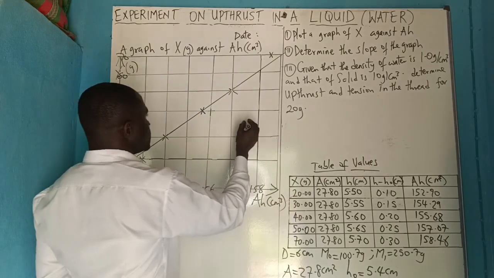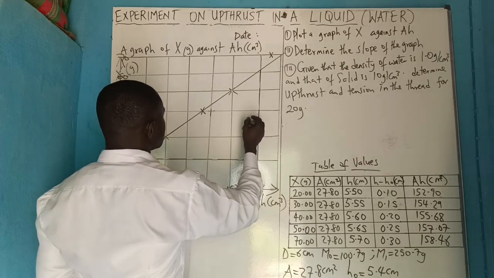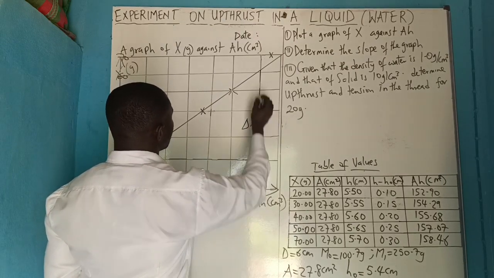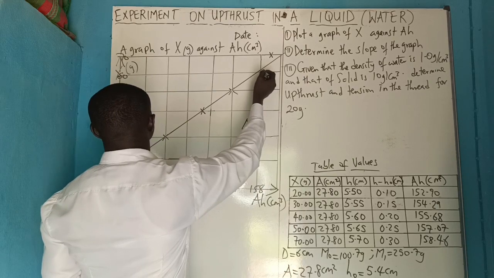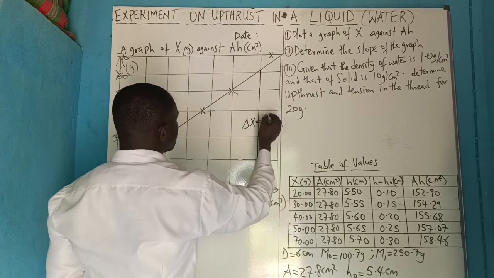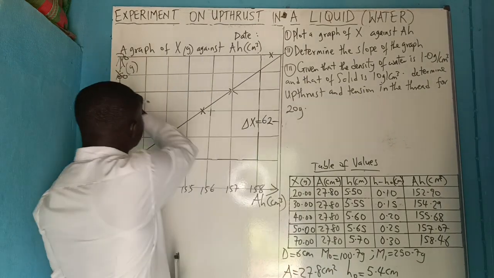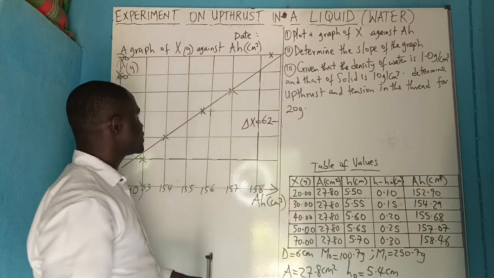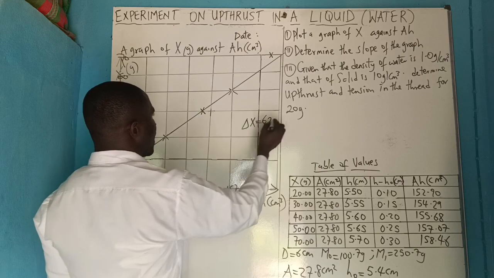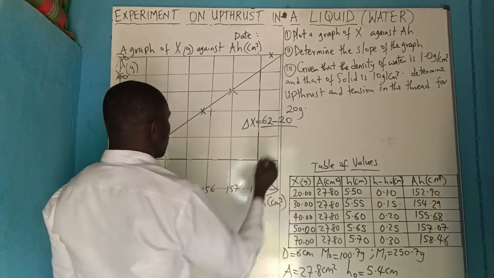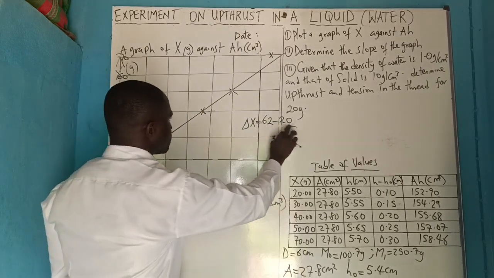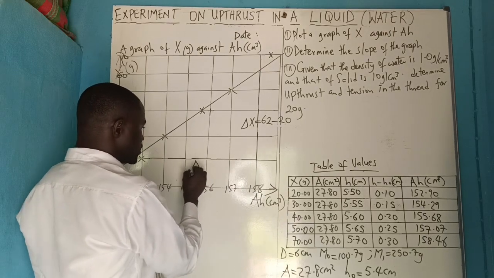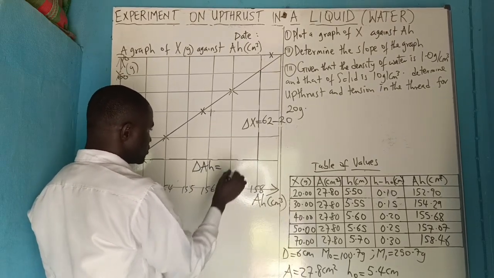Okay, change in what? X is equal to, here is about 62. We say 62 minus, because this is 60 and this is 70, so here about 61 or 62. Then here about 20 all over, we get the change in AH.